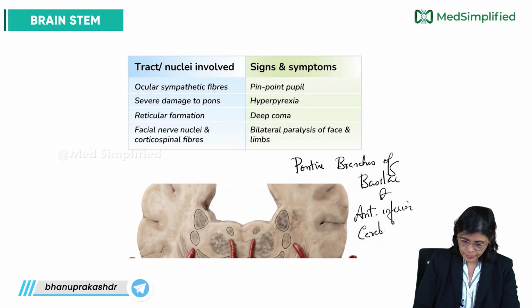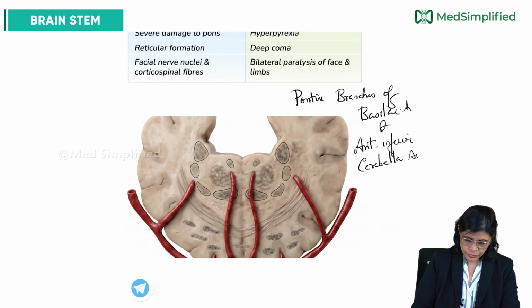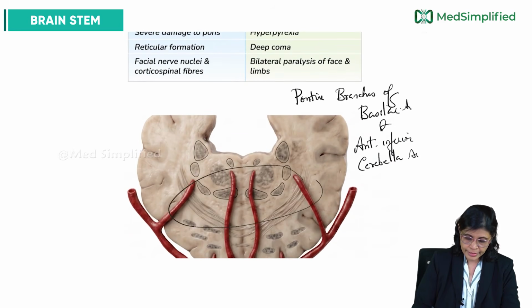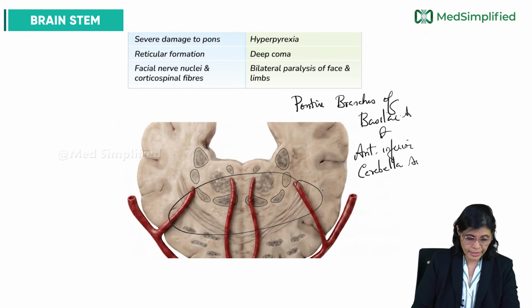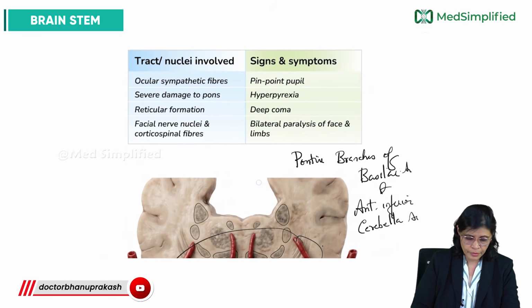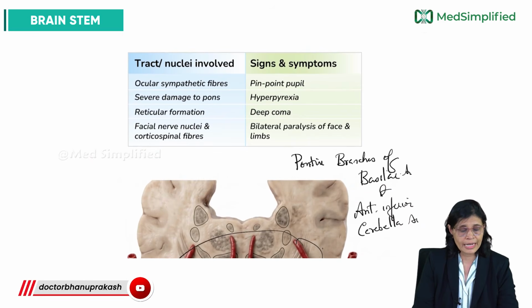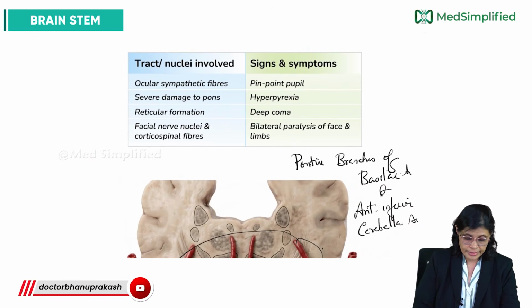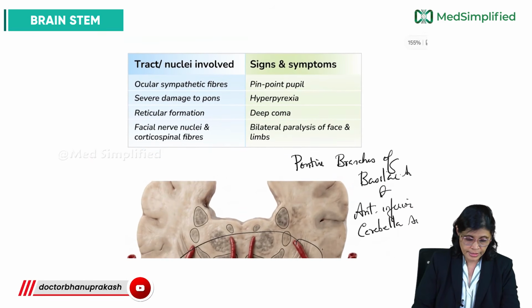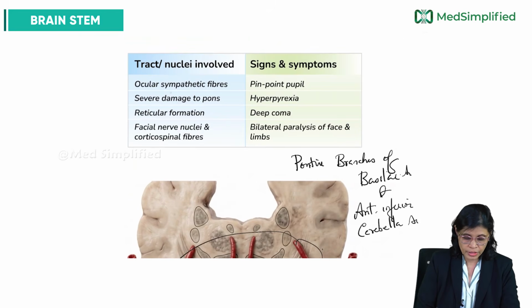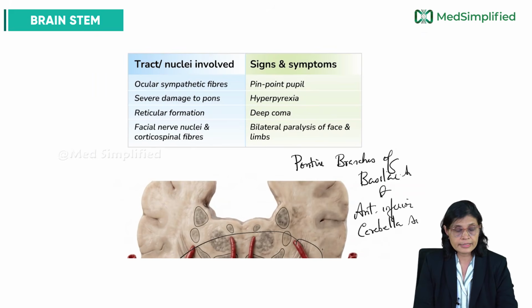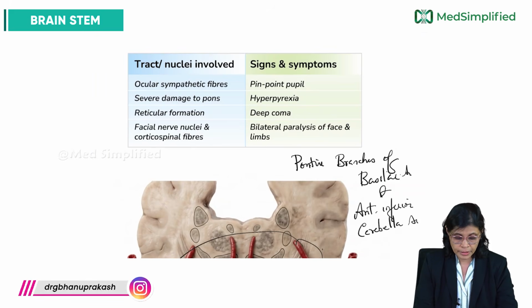When these arteries are involved, it results in pontine hemorrhage. If the pontine hemorrhage is bilateral and very extensive, the patient will present with these symptoms. One is, because of the involvement of the ocular sympathetic fibers, it results in miosis, that is the pinpoint pupil.